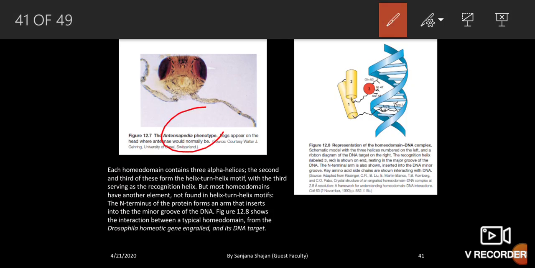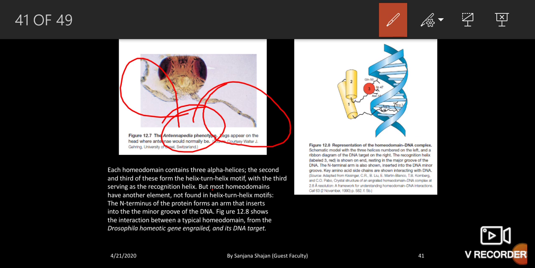Here you can see the Antennapedia mutation. When the Antennapedia gene was mutated, it was shown that legs will start growing in the regions where antennas are supposed to grow. The Homeobox domain proteins are members of the helix turn helix family of DNA binding proteins, and each homeodomain has three alpha helices.